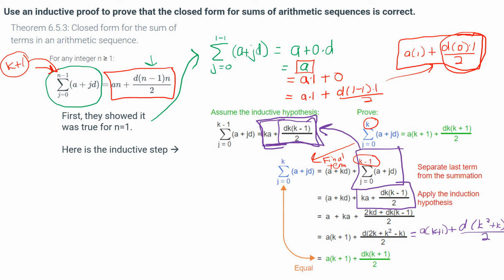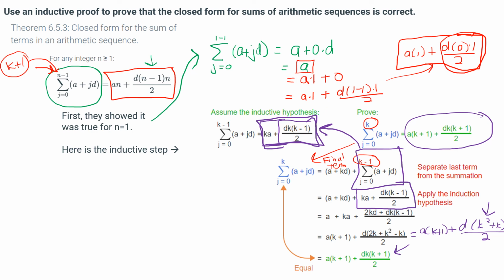Okay, d times k squared plus k all over 2. And so then they factored out a k from here and ended up with this. Okay, so a k came out of the parentheses, and so now we have a k out here with the d. And then we take a look and see, is that what we were trying to prove? That's what we're trying to prove here.